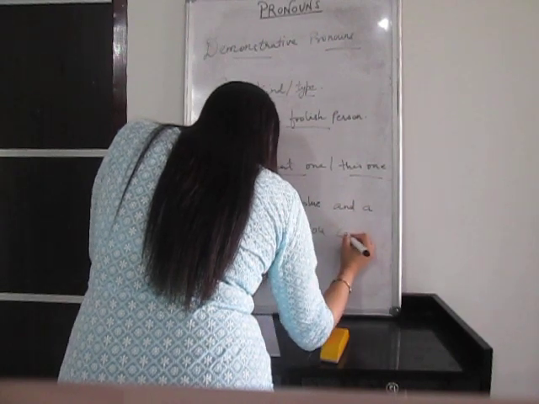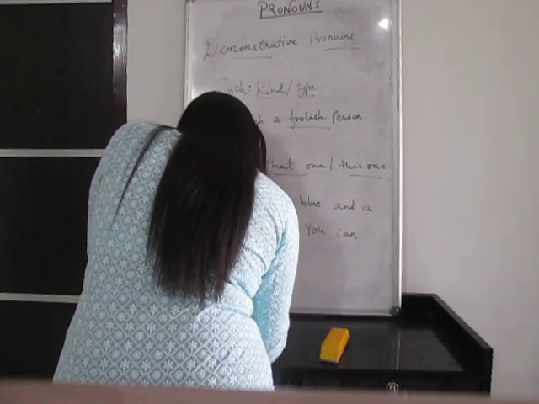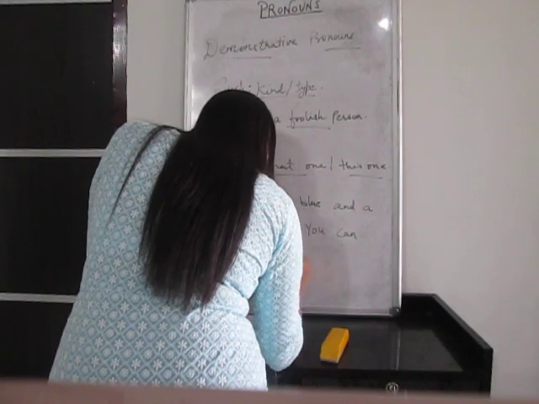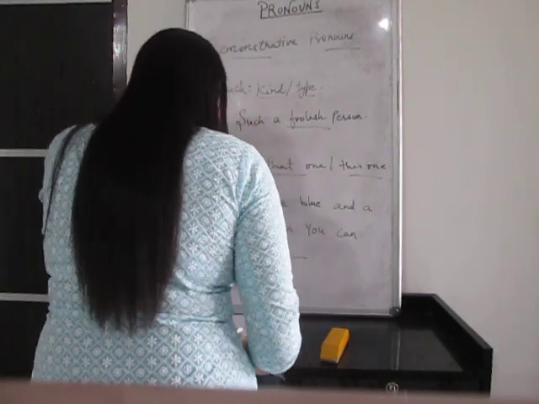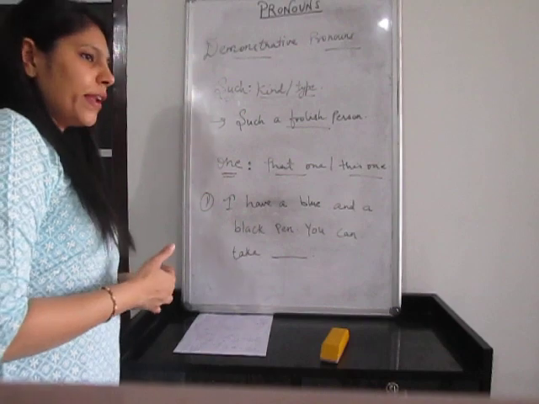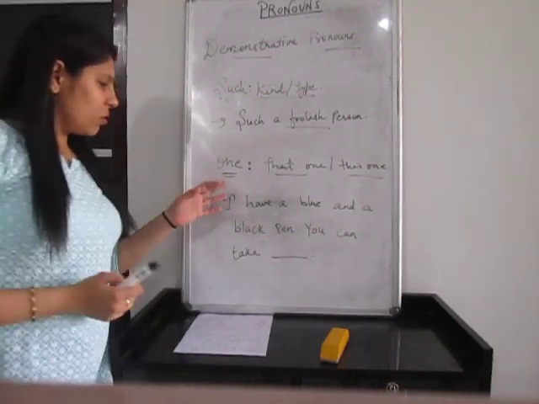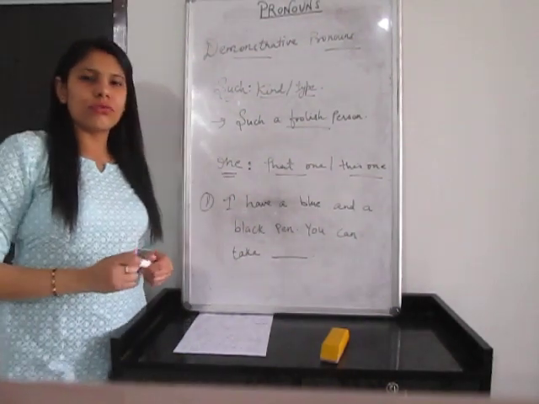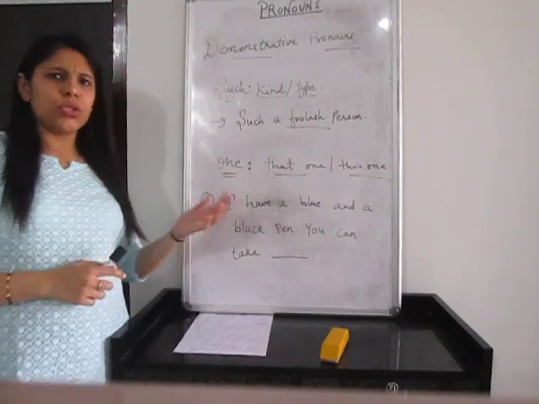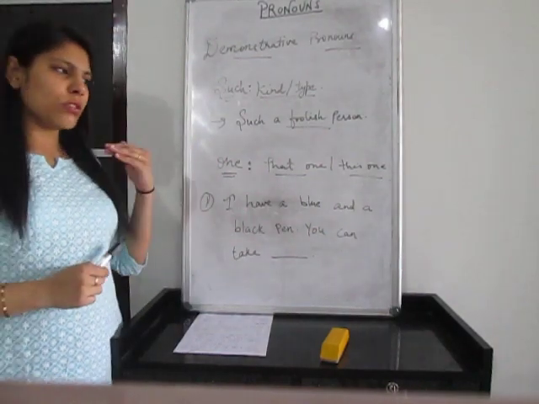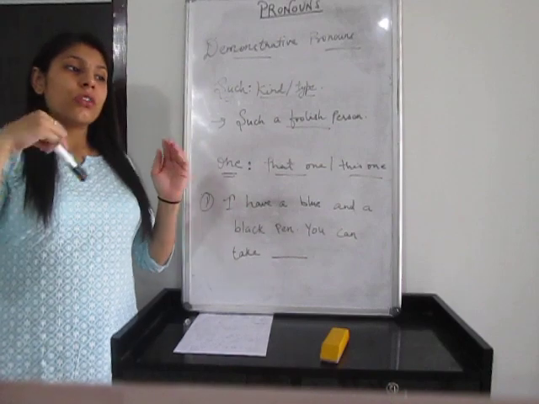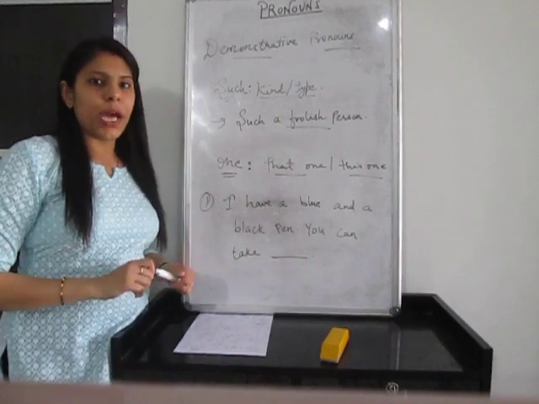You can take blank. Now tell me what you will fill here. Just go through this sentence and try to find out what you will write here and why. The moment you find the answer, find the reason as well.